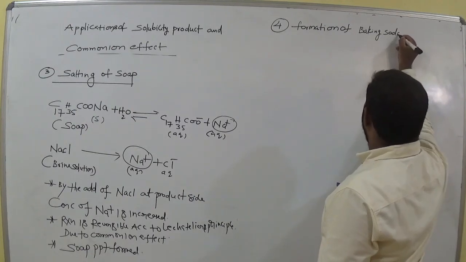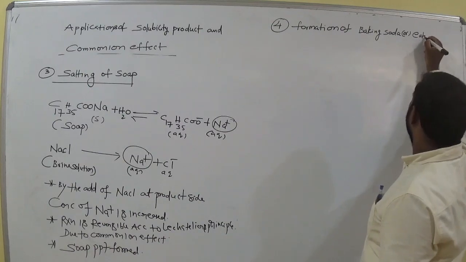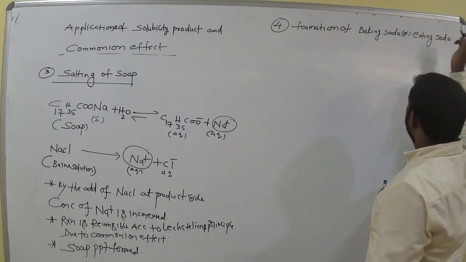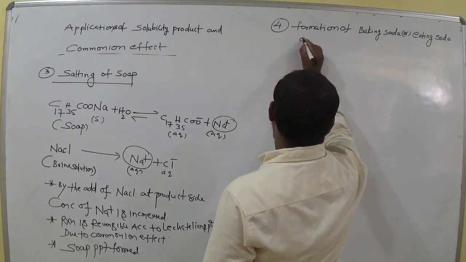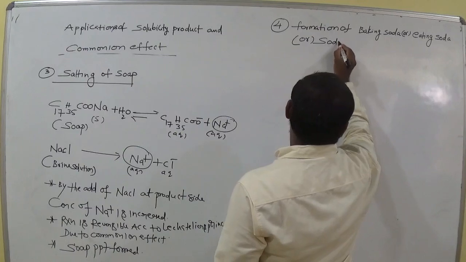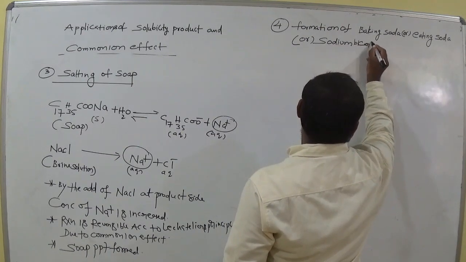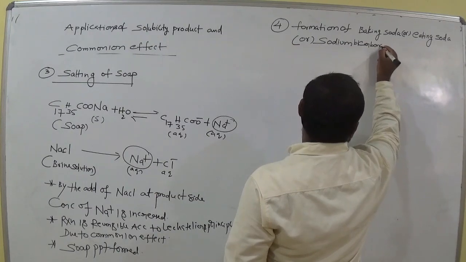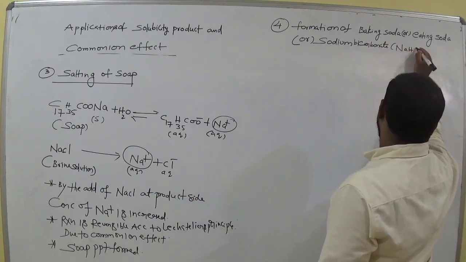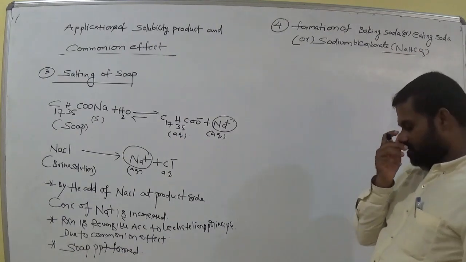Baking soda or eating soda, what we call eating soda, or sodium bicarbonate. Sodium bicarbonate, that is the formula NaHCO3. NaHCO3.